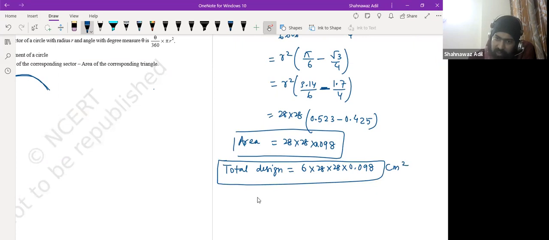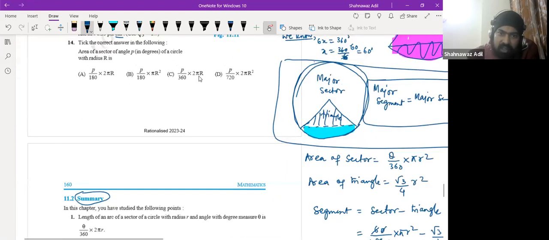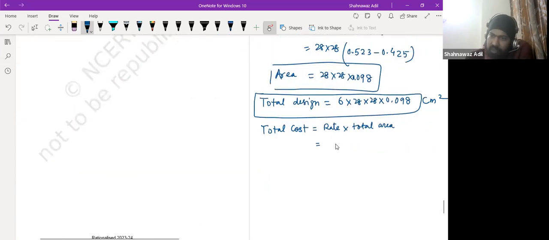So total cost would be the rate of 1 centimeter square into the total area. Rate is 0.35, and then 6 into 28 into 28 into 0.098.